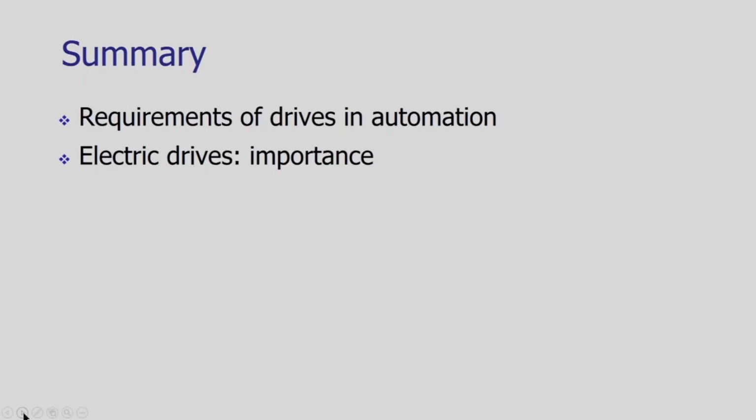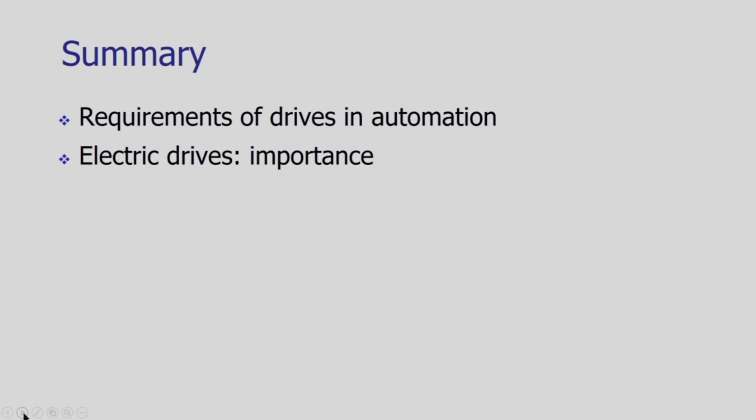The automation operations may be required for production, that is fabrication, or for conveying the products, or for packaging. So there are various operations in the product life cycle. For all these operations, we have seen the requirement of drives. These drives are electrical drives, hydraulic drives, and pneumatic drives.